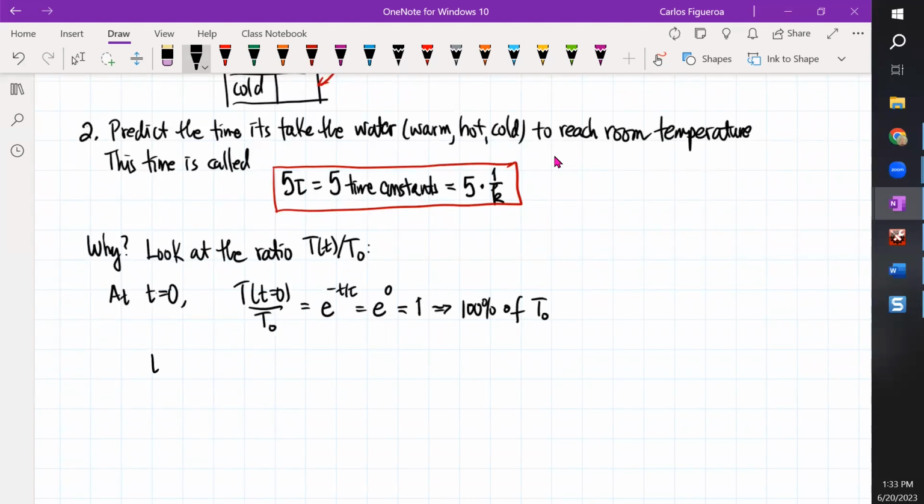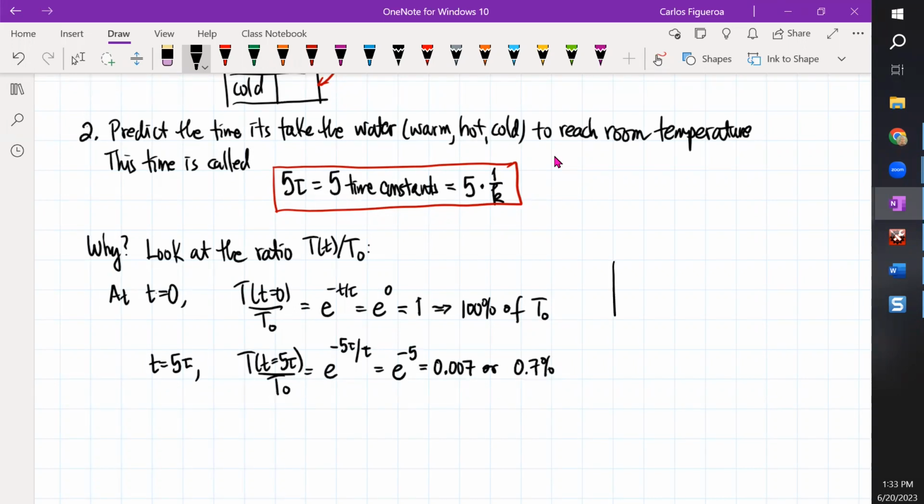But now at t equals 5 tau, if I look at the same ratio, then I get e to the minus 5 tau divided by tau, and this gives me e to the minus 5, and this number gives me 0.007, or 0.7%. So what does this tell me here?